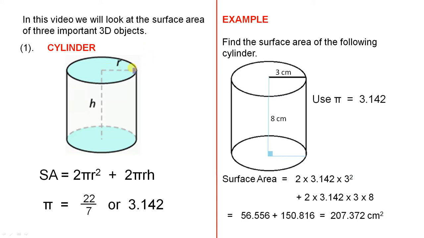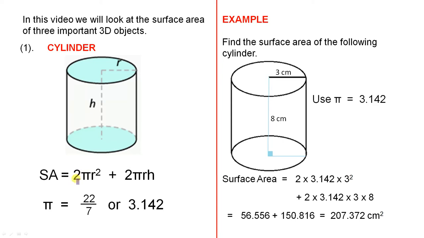This cylinder has a radius of r and a perpendicular height of h. So the formula for the surface area of this cylinder, which includes the base and the top and also the curved surface, is 2 pi r squared. That's pi r squared for that circle and pi r squared for that one.